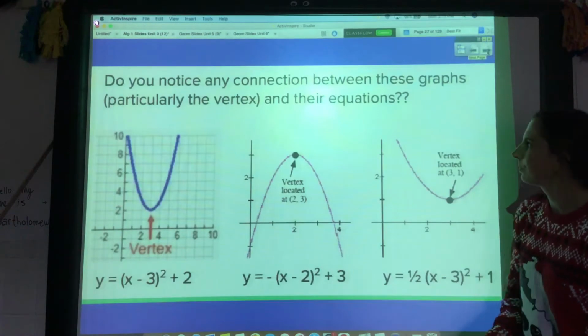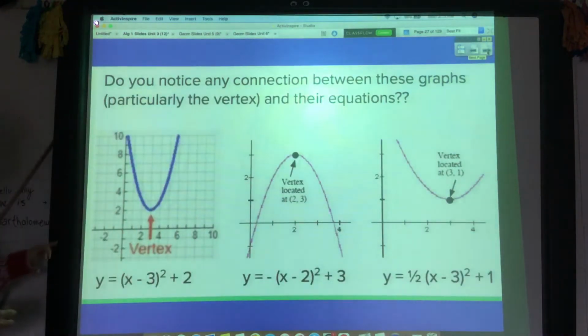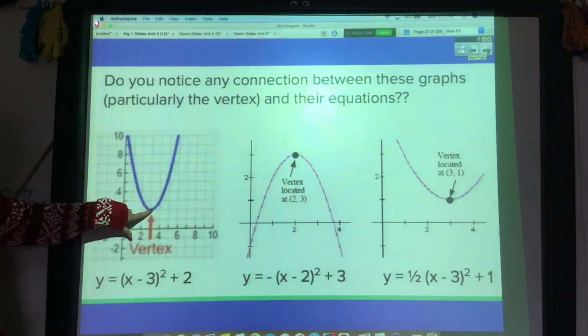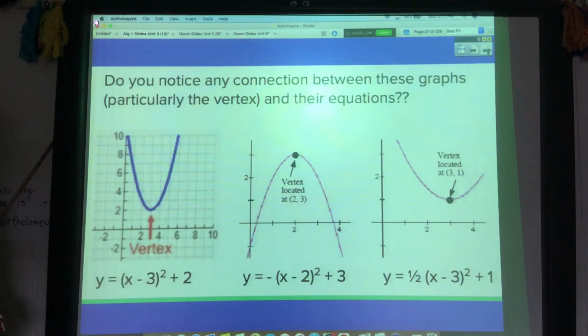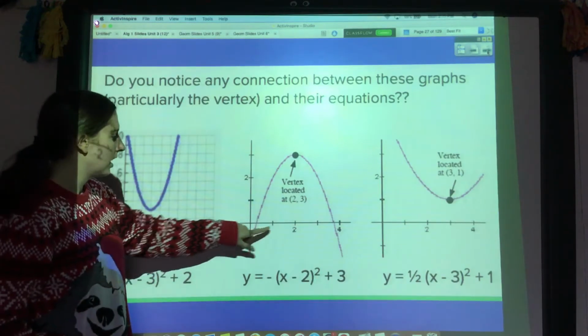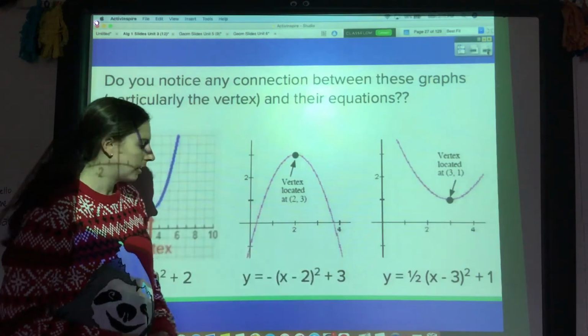For example, notice this one has a vertex at (3, 2), and so negative 3 and 2 are in the equation. This one has a vertex at (2, 3), and so negative 2 and 3 are in the equation.